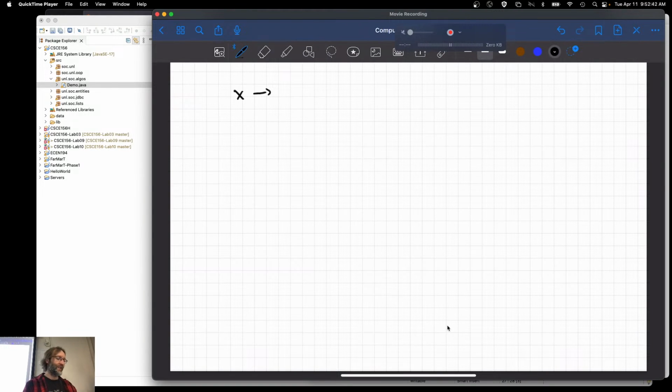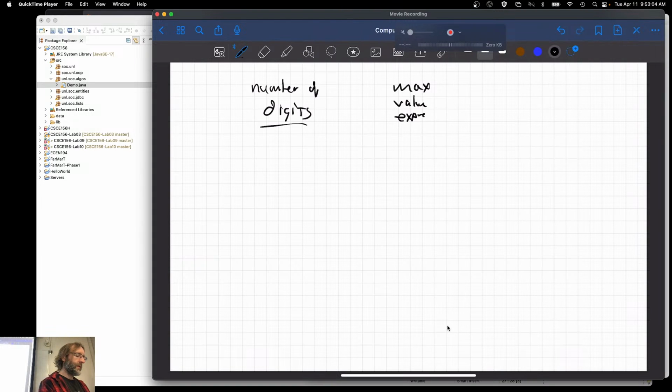All right, good. Let's think in terms of base 10, and we'll go in reverse here. What if I gave you digits instead? Number of digits, max value expressible. What if I gave you 1 digit? I'm not allowing you 2 digits, so you can't do 78 or something like that.